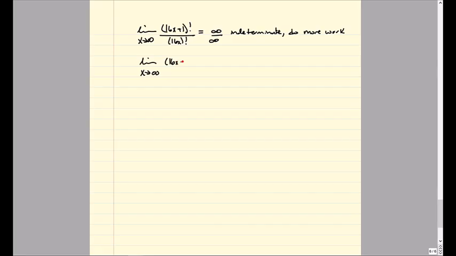Okay, that's their factorial. Now the next term I'd multiply by 16x plus 1 minus 1. I'd go down by a term. So that would simplify to just 16x. And of course that would go down to 16x minus 1, 16x minus 2.